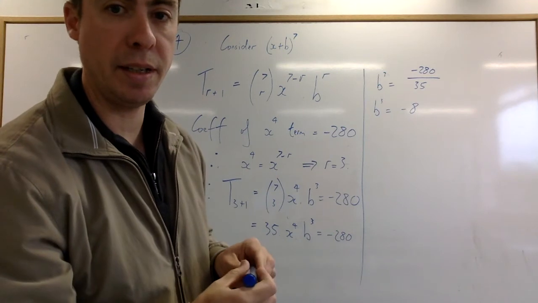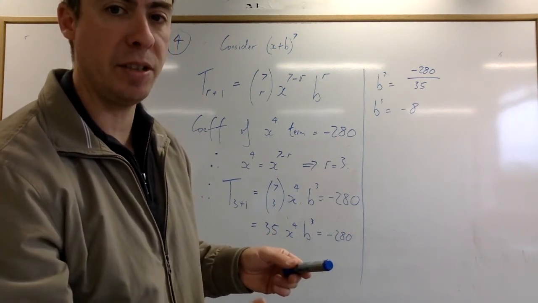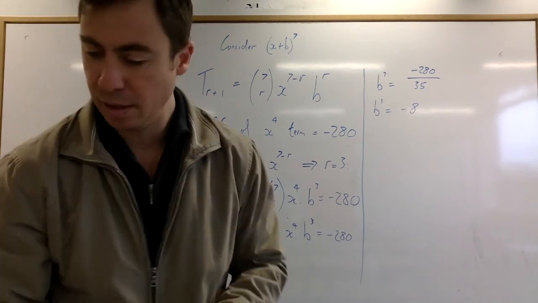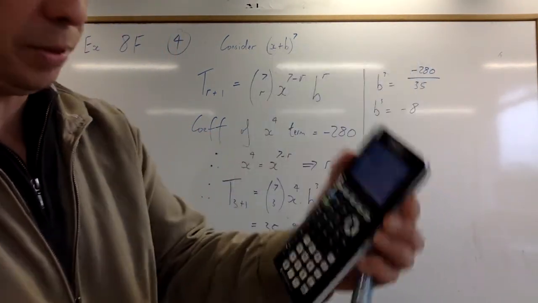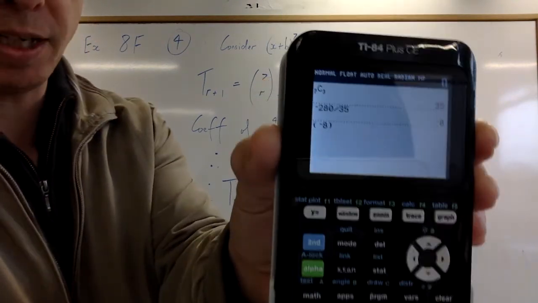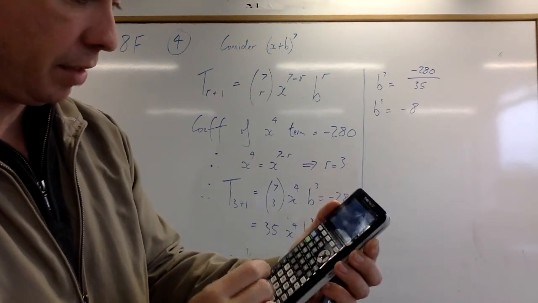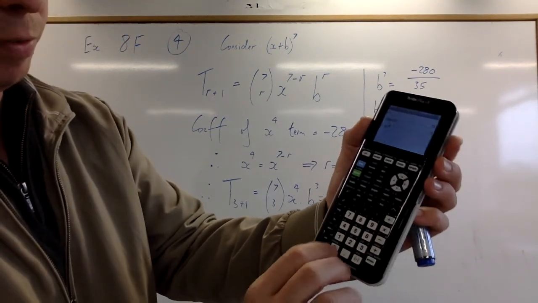How do you find what b is? B has to equal minus 2 because you need to do the cube root of minus 8. If you weren't sure, maybe the quickest way to do it would be put your minus 8 in. Instead of looking for the cube root button, I'm just going to raise it to the power of 1/3.